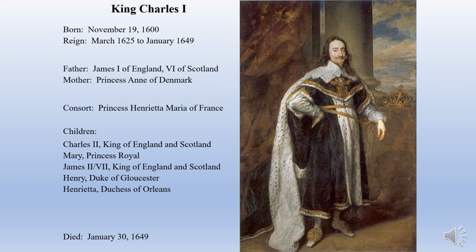Now, he was offered the crown. He was offered to become king here after the death of Charles I. But instead, he wanted to serve first as chairman of the Council of State from 1649 to 1653, and then from 1653 until his death in 1658, he took the title of Lord Protector.